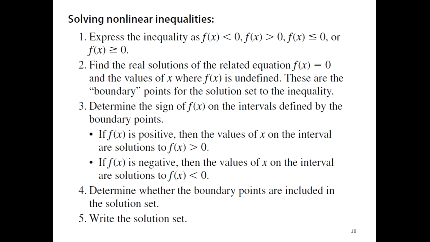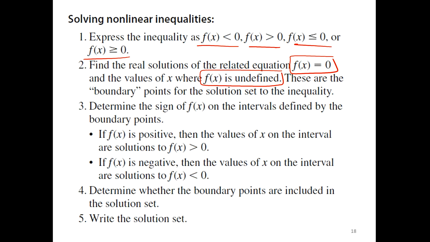Now, how can we solve a general inequality, a polynomial inequality or a rational inequality? Firstly, we must put the inequality, less than, greater than, less than or equal, greater than or equal, against only 0. After that, find where f of x equals 0, or f of x is undefined.